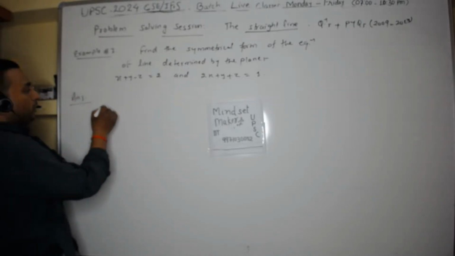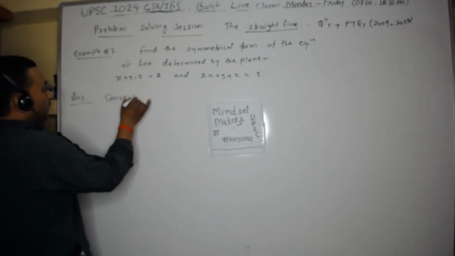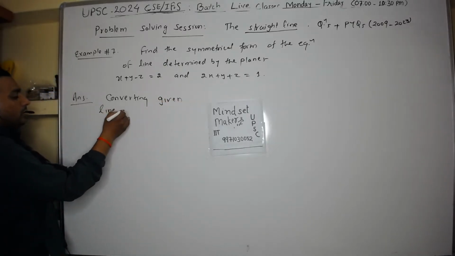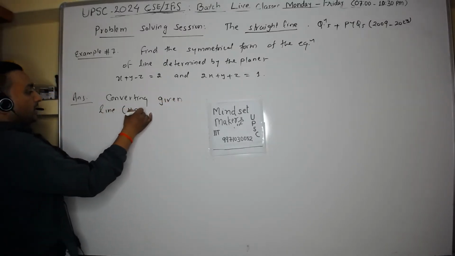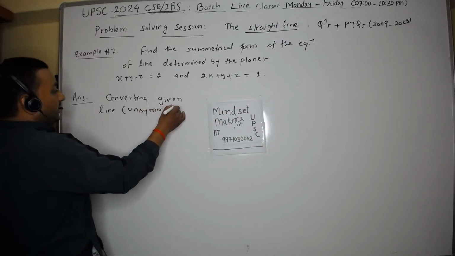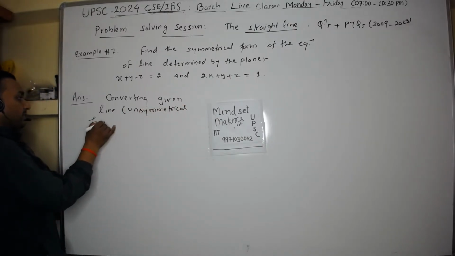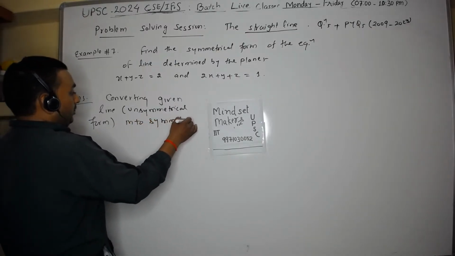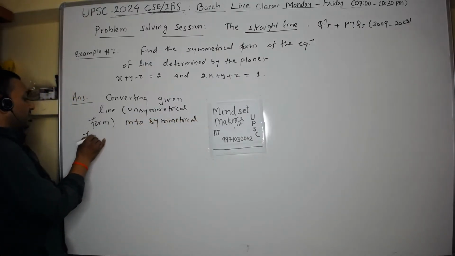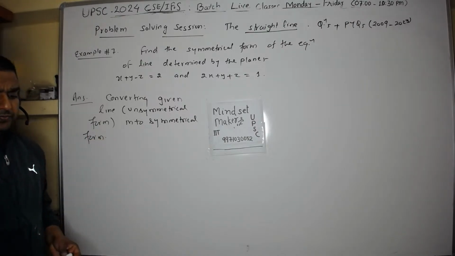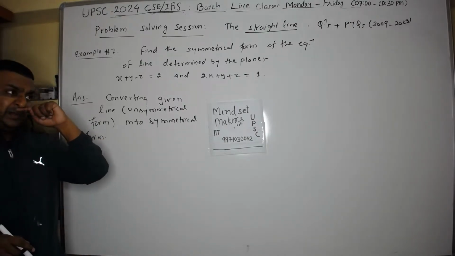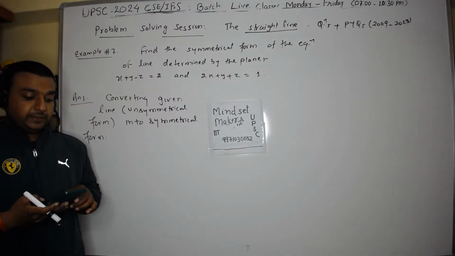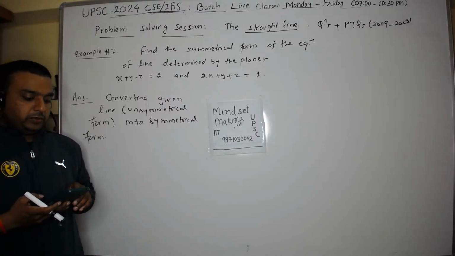I have already told you how to convert a given line, which is given in unsymmetrical form, into symmetrical form. What is the approach I have told you? Can anyone revise? Please reply.